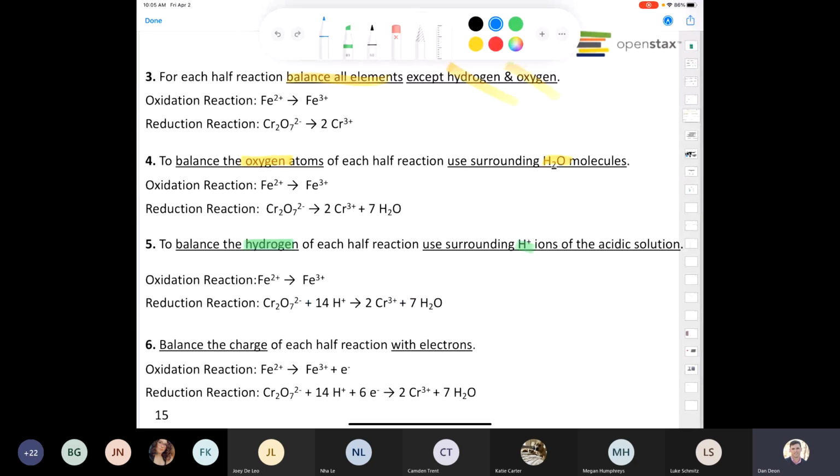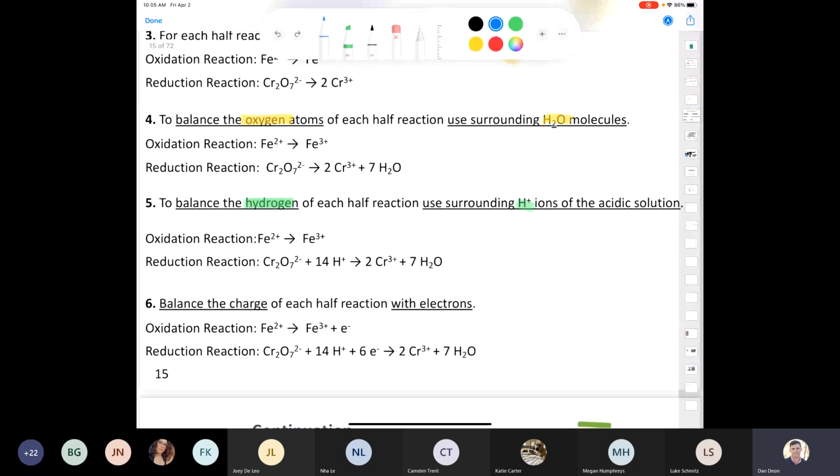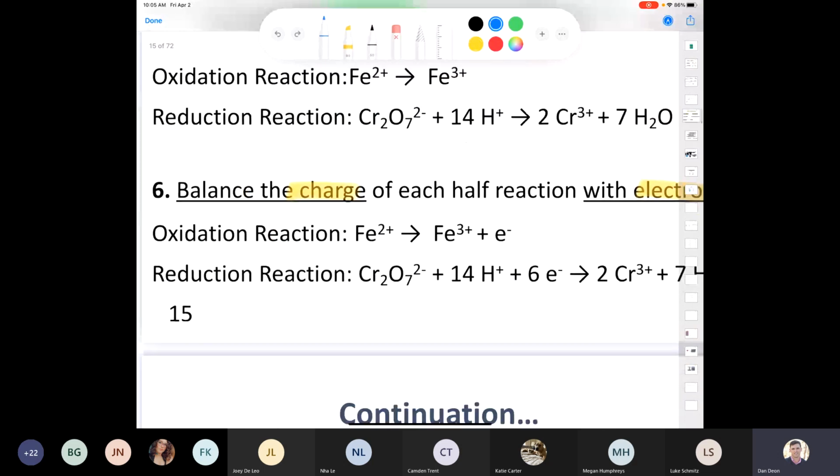We're still not done. Next, after you've balanced the hydrogens, you balance the charge using electrons. If you look at this reaction here, we have +2 on one side and +3 on the other side. If I tack an electron on this side, then I have +2 over here, and +3 plus -1 gives you +2. So it's all balanced out.